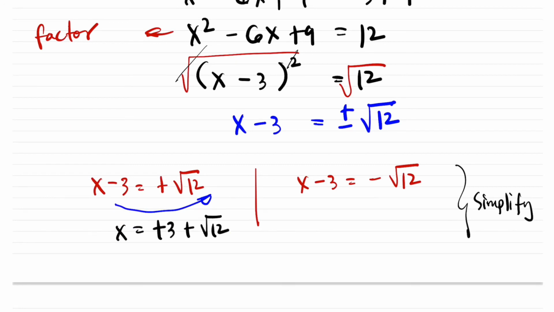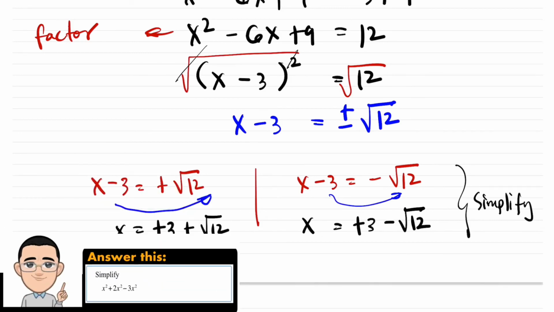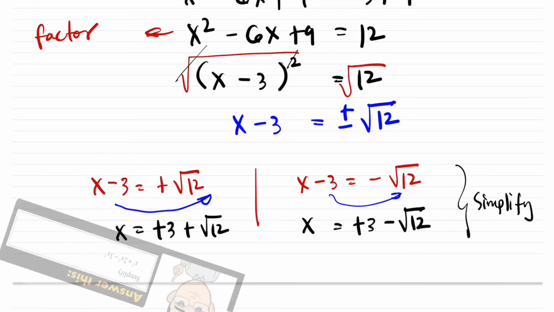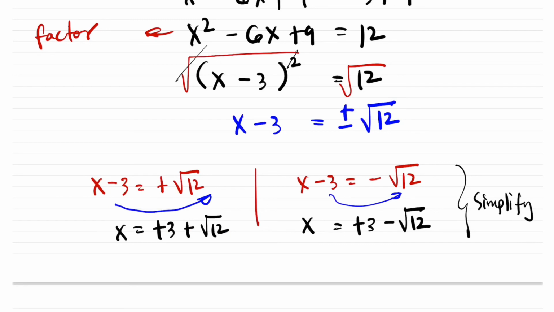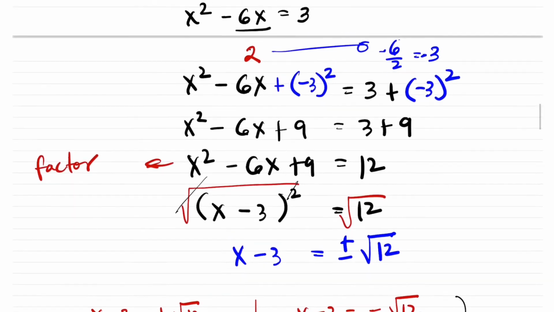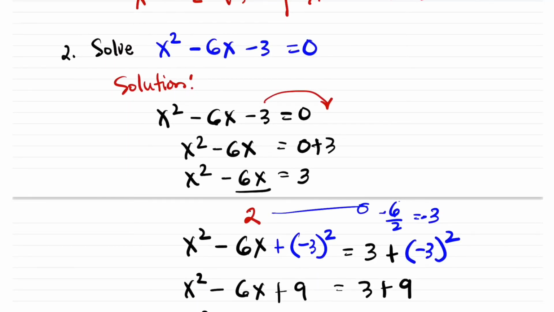And here we have x. We move again this one to the other side, so x is equal to positive 3 minus square root of 12. Alright, so when we simplify that, you can answer it in decimal or in fraction, but that is the value of your 2 x's.